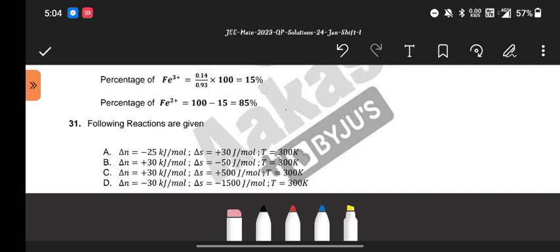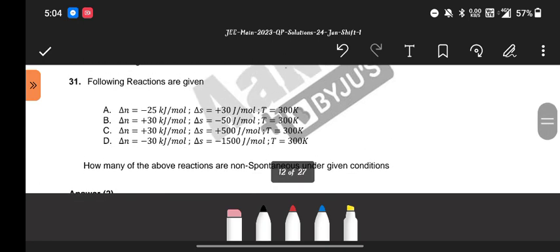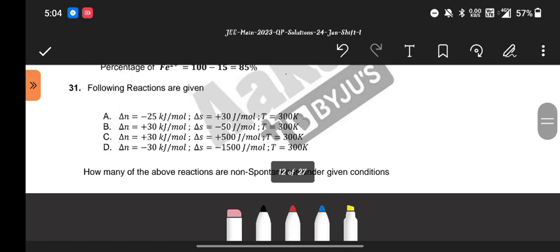Option D: delta H is equal to minus 30 kilojoule per mole, delta S is equal to minus 1500 joule per mole per Kelvin, T is equal to 300 Kelvin. The question asked is how many of the above reactions are non-spontaneous under the given conditions.